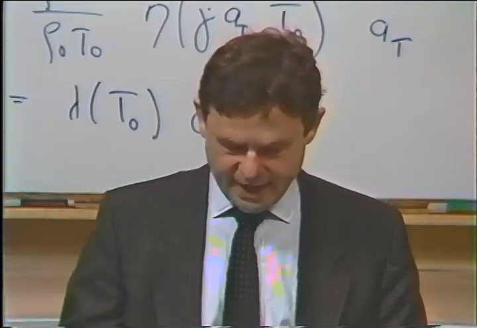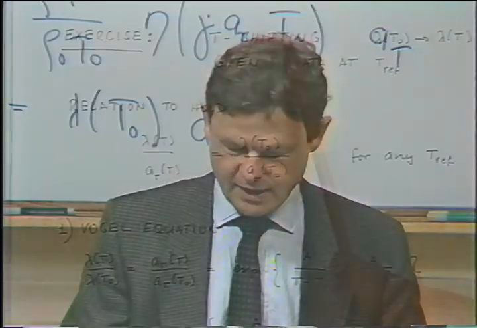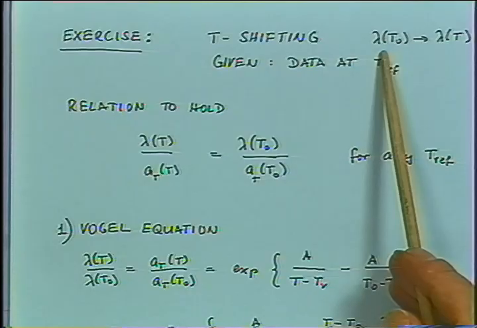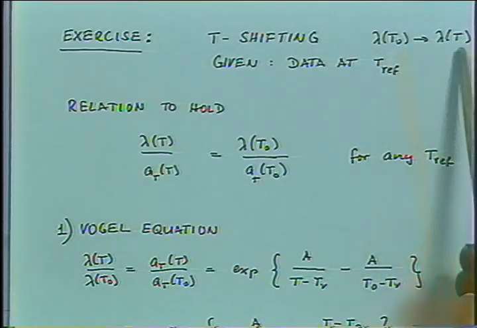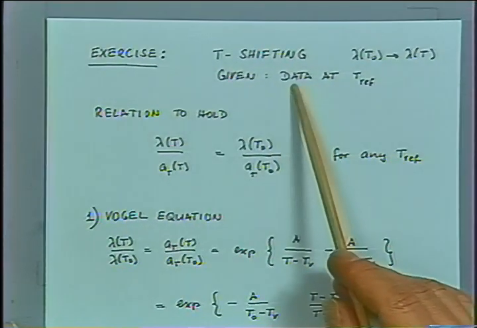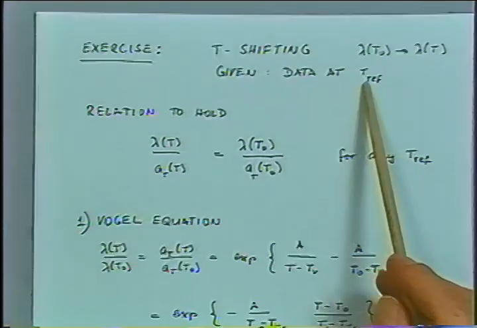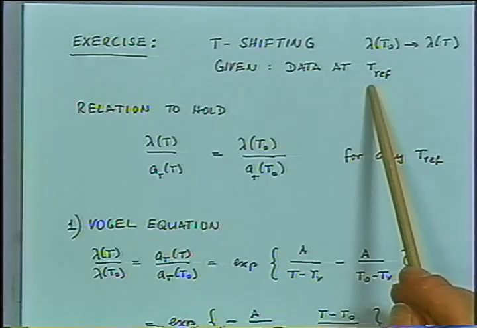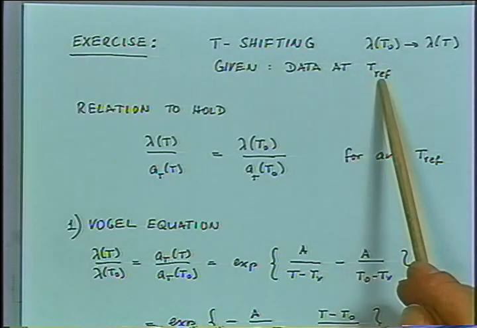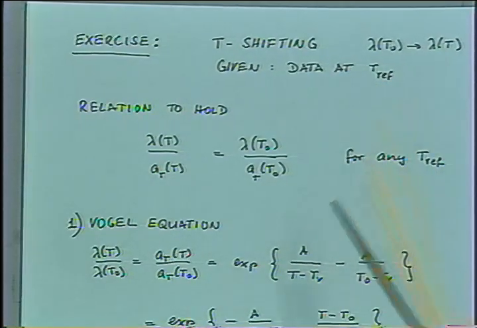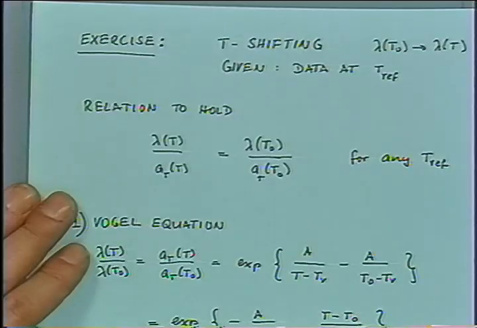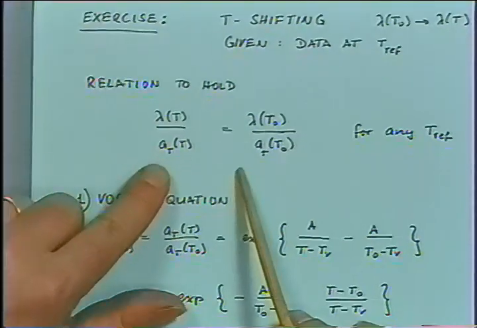So let's go through an exercise of temperature shifting here. We would like to shift a relaxation time from a temperature level T0 to a new temperature T, given, say, our data of lambda at some reference temperature, not at T and not at T0, but at some reference level, and we would like to shift from there. Now, the relation which I had out here on the blackboard for the shifting is repeated here.